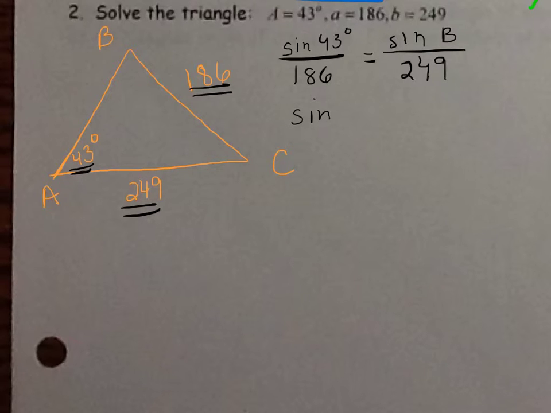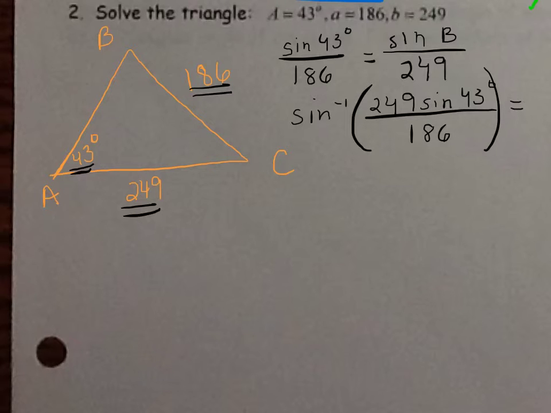Inverse sine of, after I multiply the 249 over, sine 43. Again, be careful when entering it. Give it a shot. Maybe make sure you get the same thing I do when I do this. Equals angle B. And when I do that, I get B to be approximately 66 degrees. Okay, and again, round those angles to the nearest whole number.